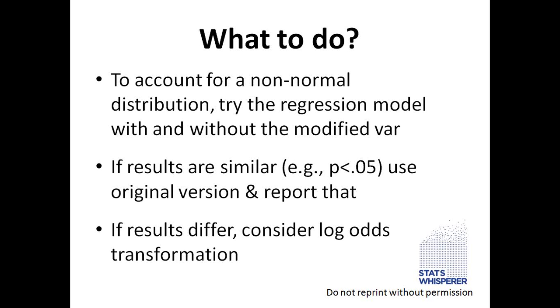Age was not normal, but the statistically significant results were the same with and without the variable being transformed, which is usually the case. Because it's said that regression models are robust, which means they can handle these non-normal distributions.